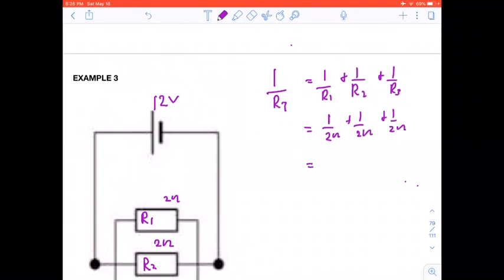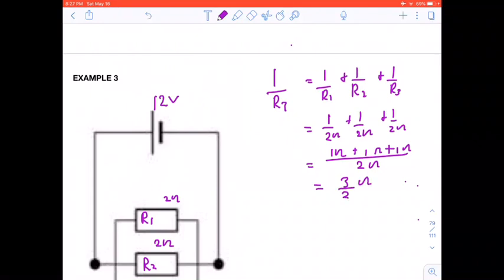And we say, okay, LCM is 2 ohms, which means in this case 2 goes into that 1, so it's 1 ohm plus 1 ohm plus 1 ohm, which means we've now got 3 upon 2 ohms.